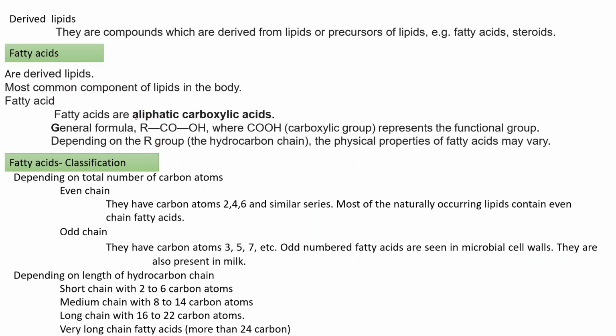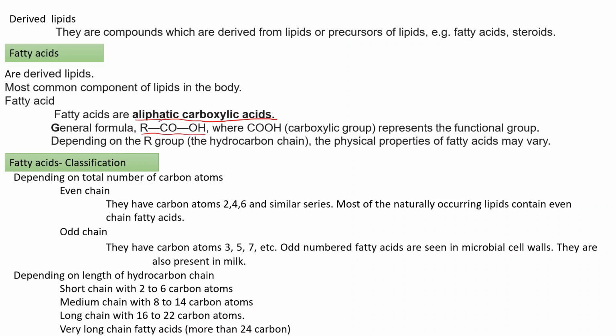Specifically, they are aliphatic carboxylic acids. Aliphatic means they are open chain, not in the form of a ring, and they possess a carboxyl group at one end. So we can represent it through the general formula RCOOH.